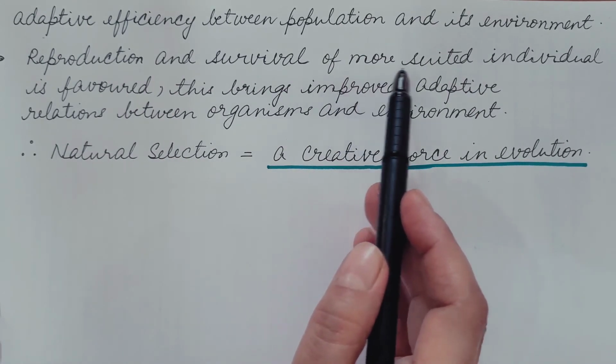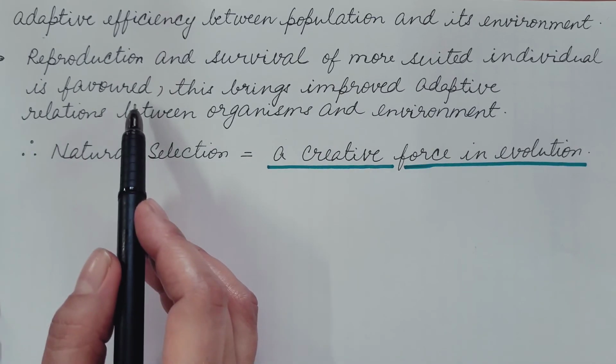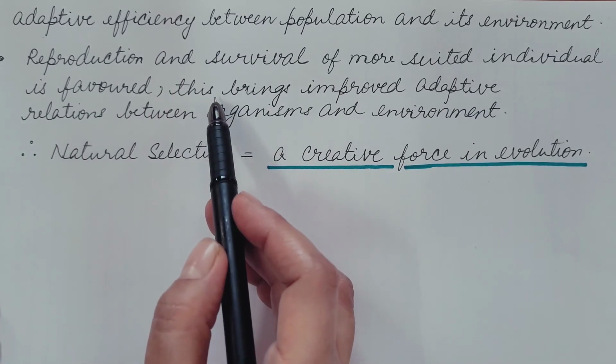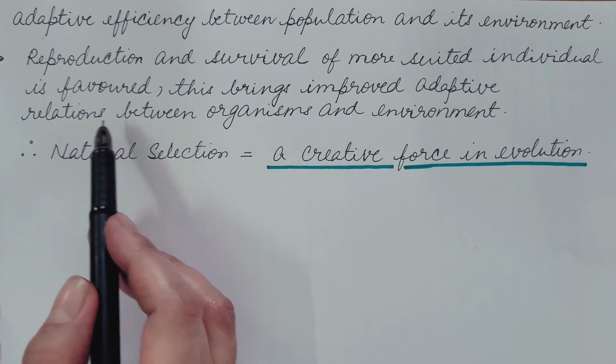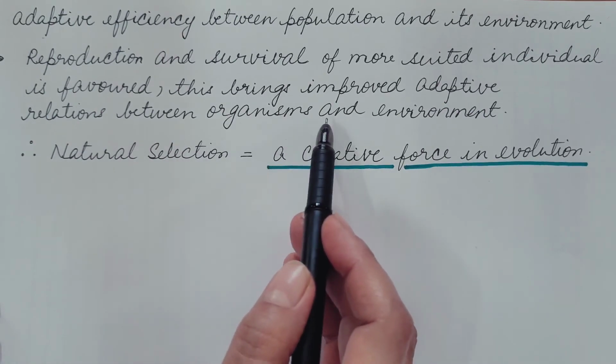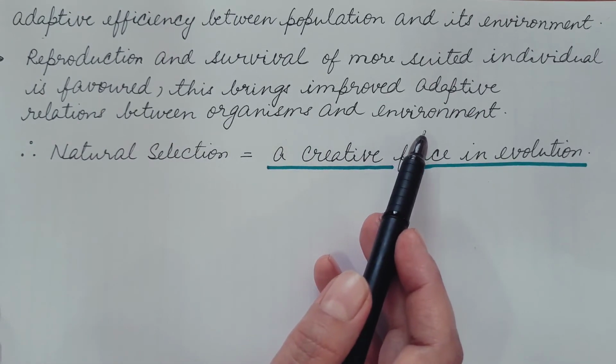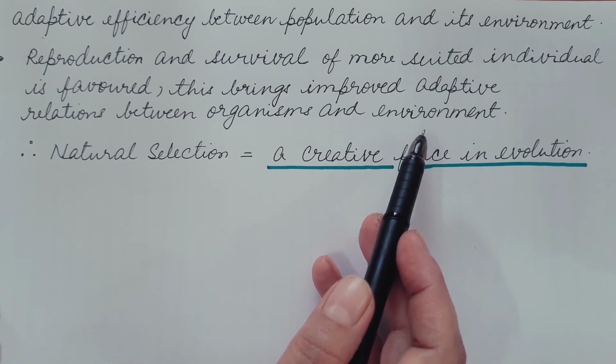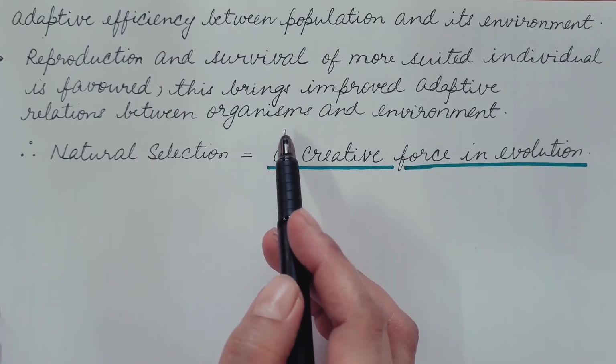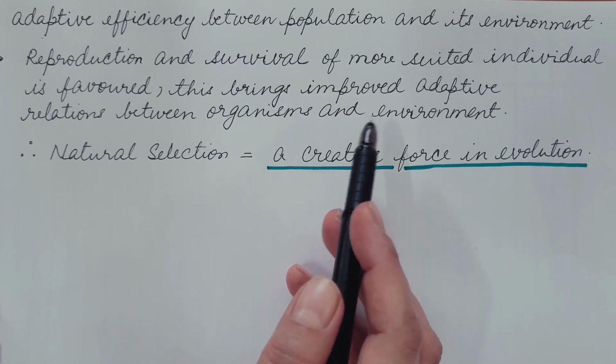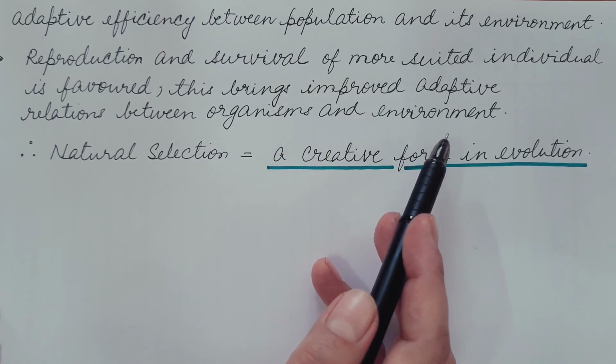Reproduction and survival of the more suited individual is favored in each generation. This brings an improved adaptive relation between organisms and environment in subsequent generations, and hence the organism becomes better adapted to the environment generation after generation.